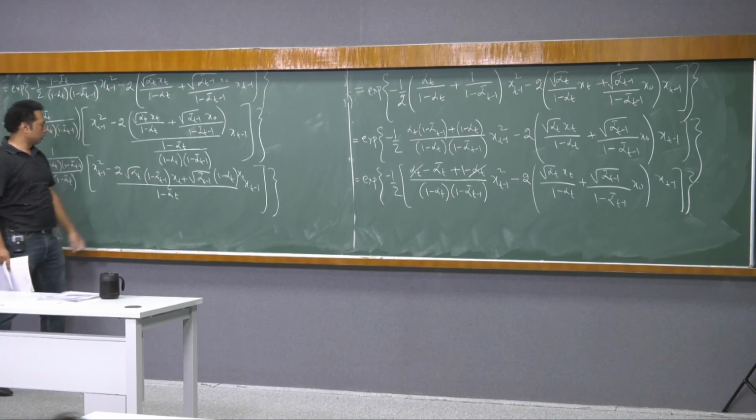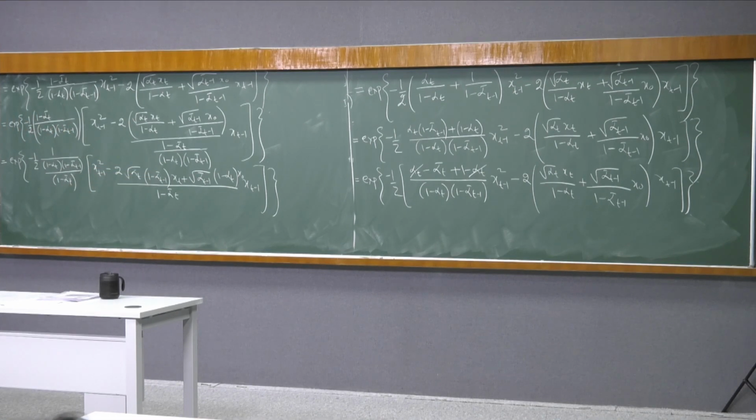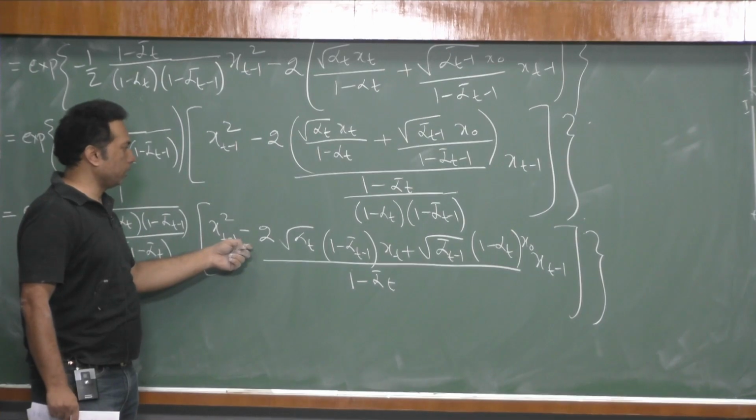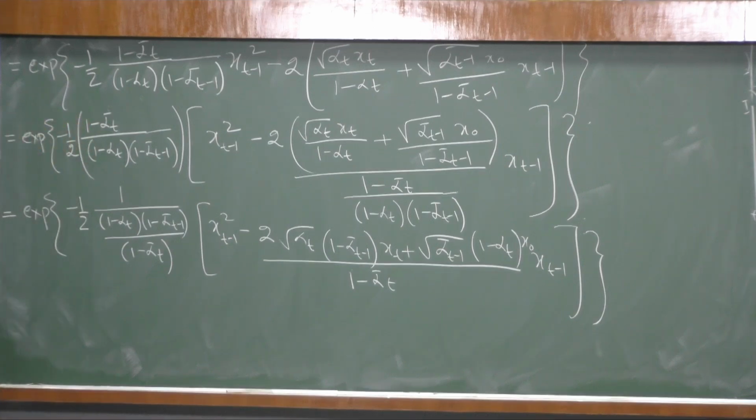Okay, so to see this as a normal distribution, I need something like an x minus mu whole square form here. It seems like we won't be able to make it, but then we recall that c term, the c term that we dropped before to make the thing simple.